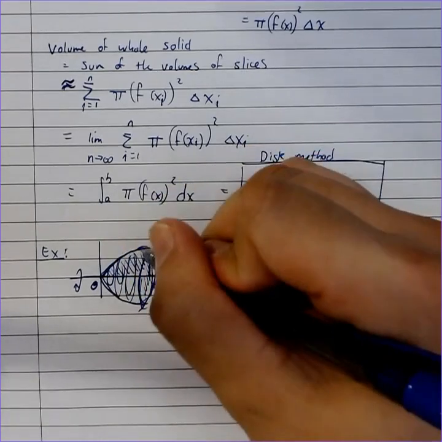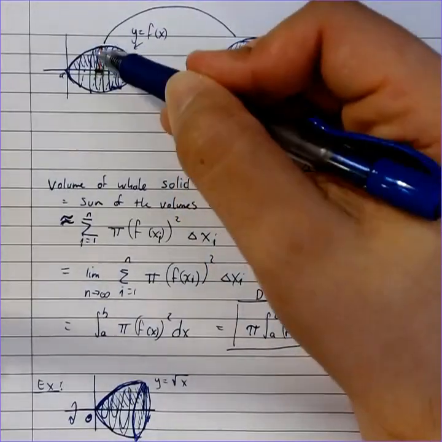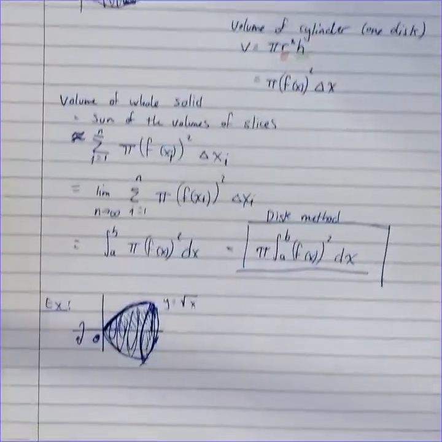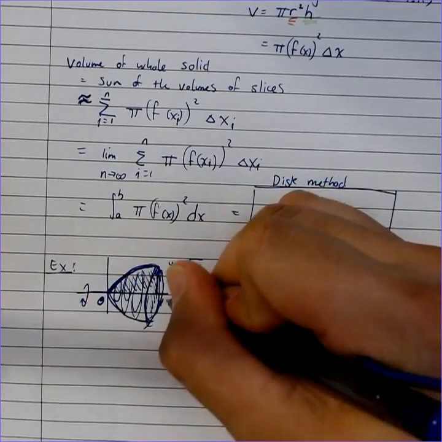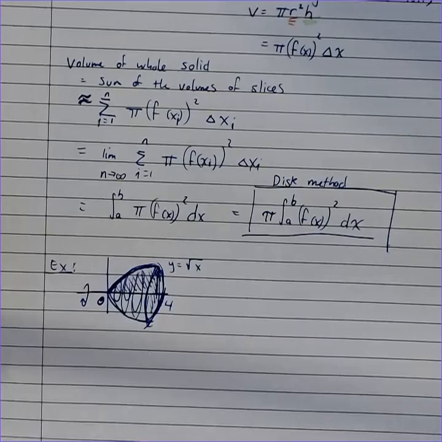It's a dome shape. It really is. Imagine taking this football up here and then just cutting it in half and only keeping the right half. Or I guess the left half. Okay, so that's 0 and that's 4. And what we're going to do is we're going to find the volume of this.